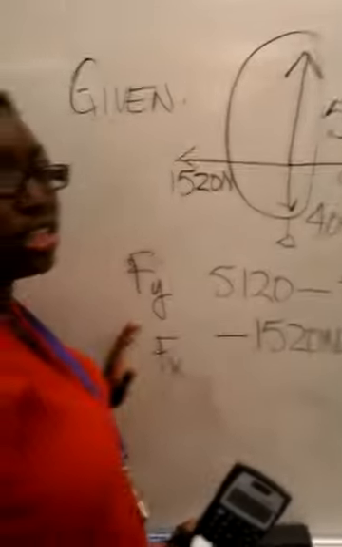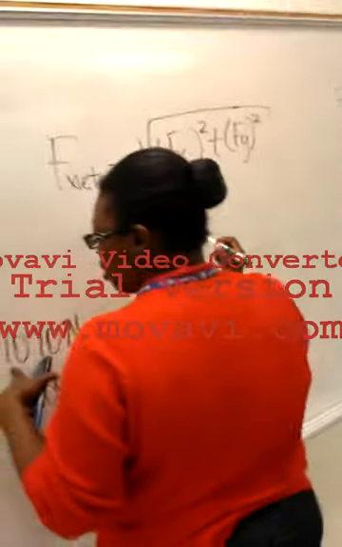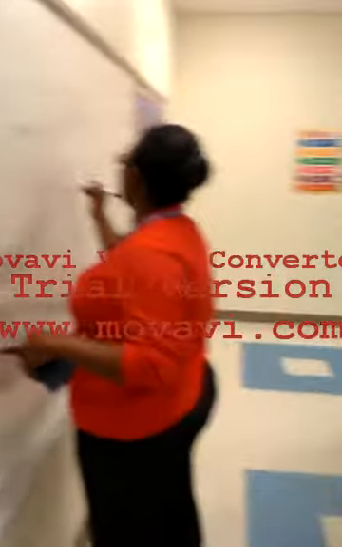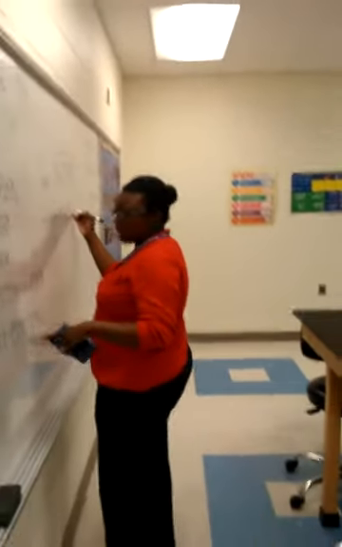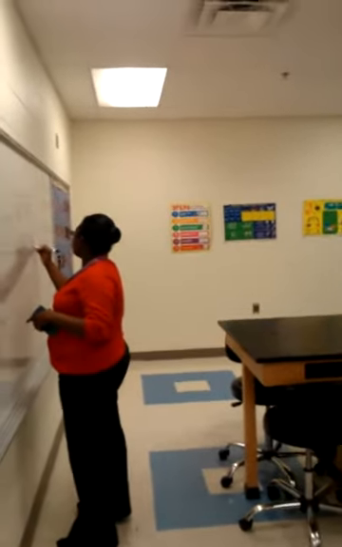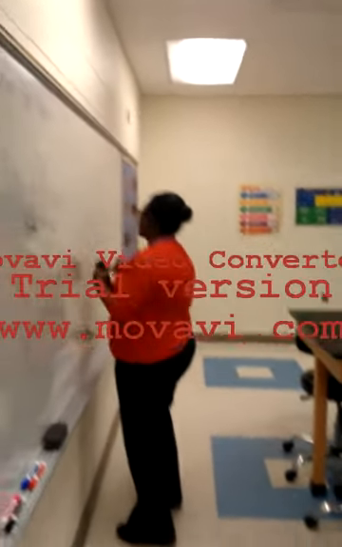All right. So we know f of y and we know f of x. So we have to do what? Plug in our information. Okay. So we know f of x is negative 570 newtons squared plus our f of y, 1,070 newtons squared. So let's square our information and take the square root.